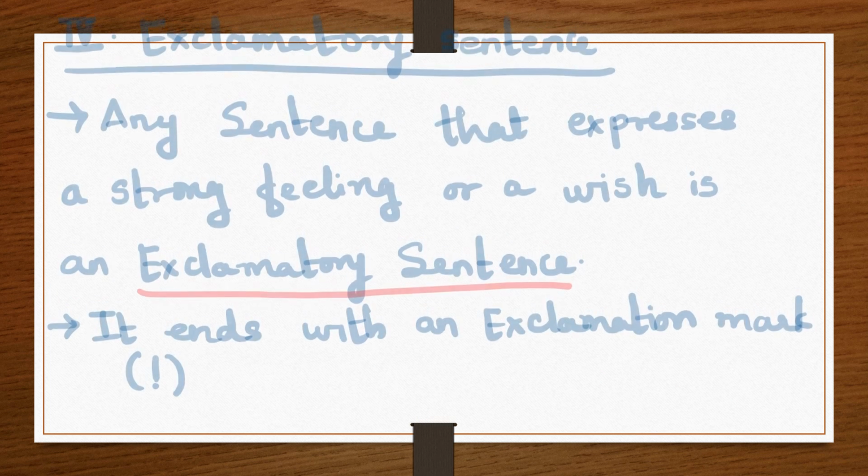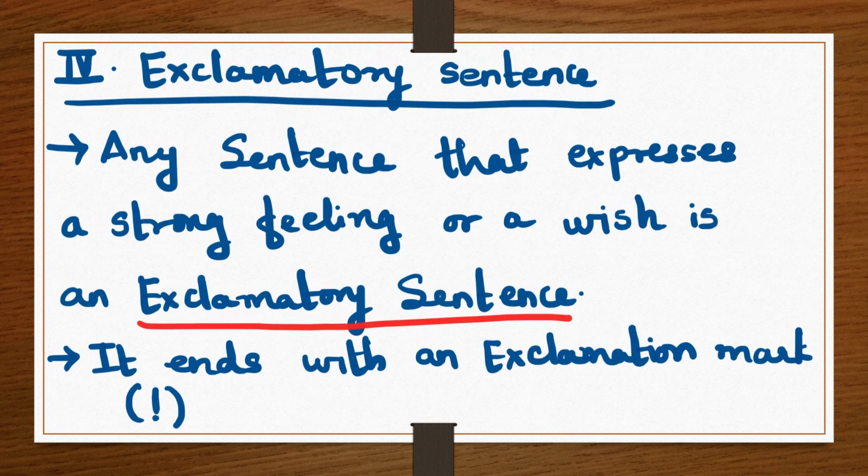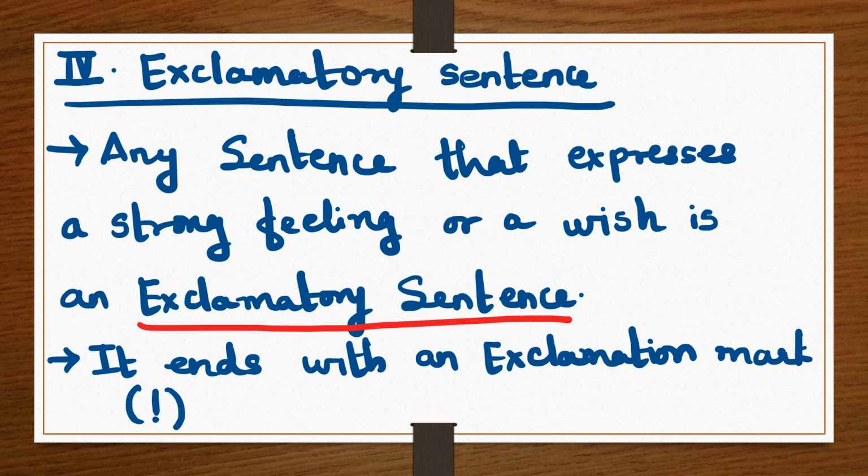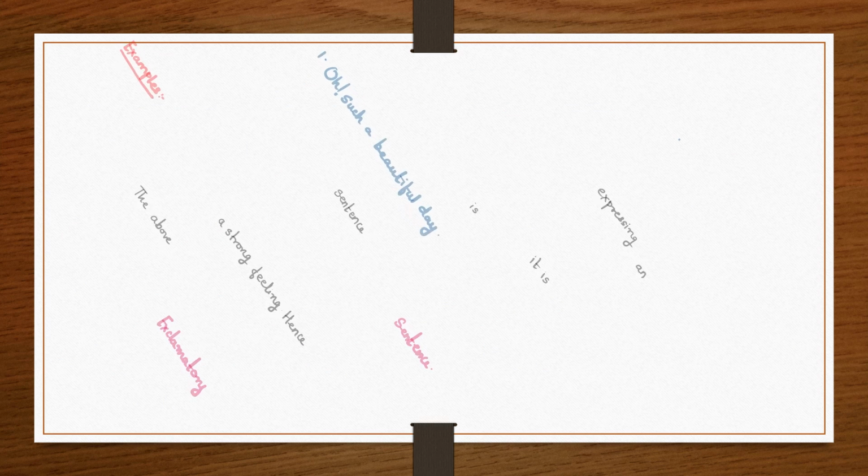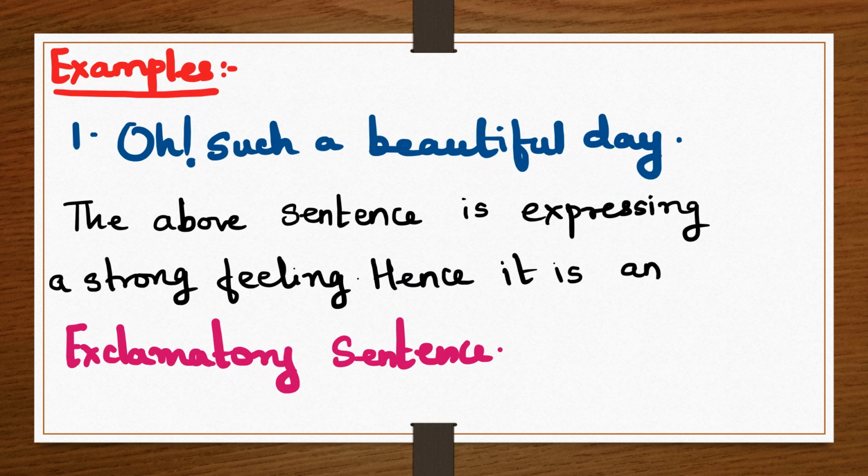The fourth type that we are going to see is an exclamatory sentence. Any sentence that expresses a strong emotion or a feeling or a wish is an exclamatory sentence. And this sentence should end with an exclamation mark. For example, oh, such a beautiful day. The word oh is expressing a strong feeling of surprise.